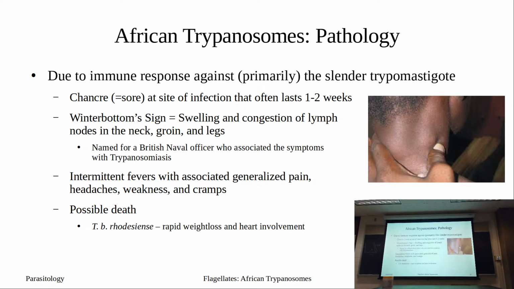And you do have possible death from this. With Rhodesiense, it's going to be much quicker. Oftentimes you'll see rapid weight loss because individuals are no longer eating, and oftentimes the heart gets involved. It could be some sort of myocarditis, inflammation, your heart starts to get stressed, and maybe even cardiac shutdown.